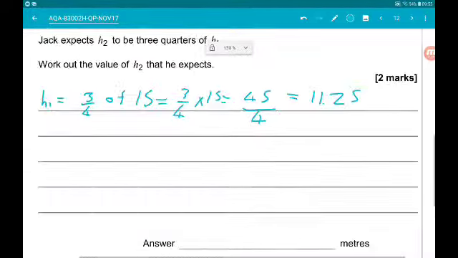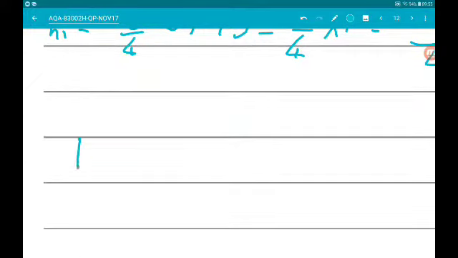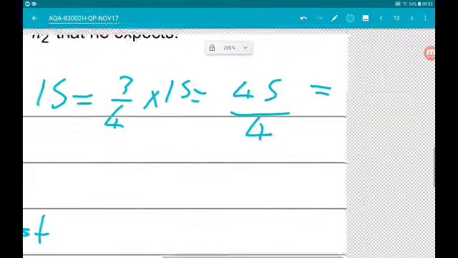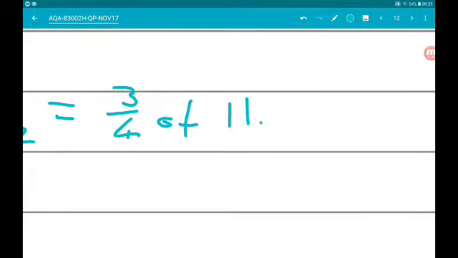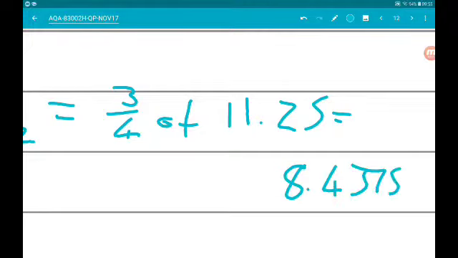So then H2 is 3/4 of, okay, let's just use 11.25, which is, bear with me, 8.4375. Cool.